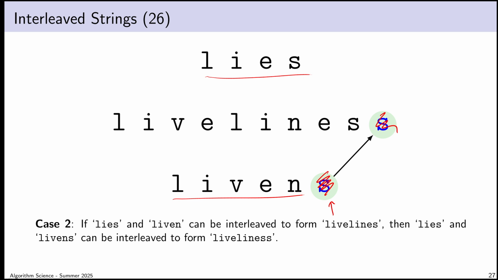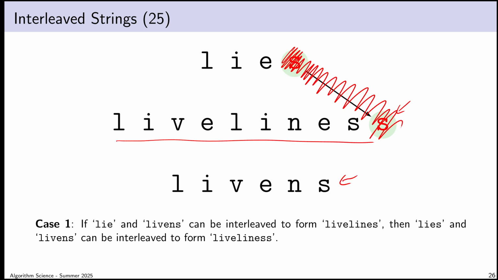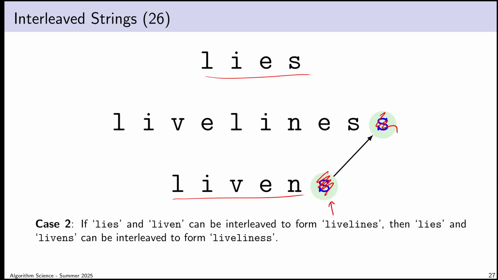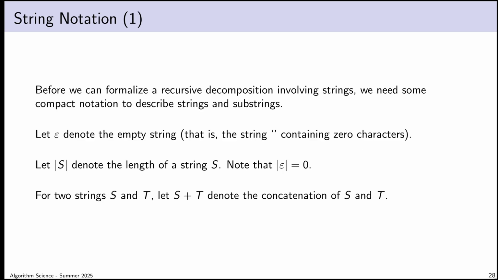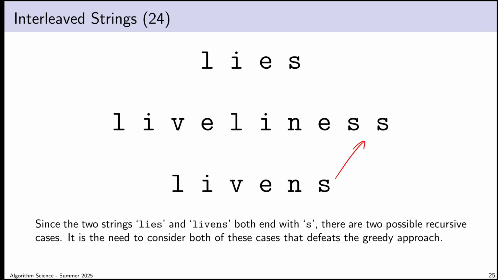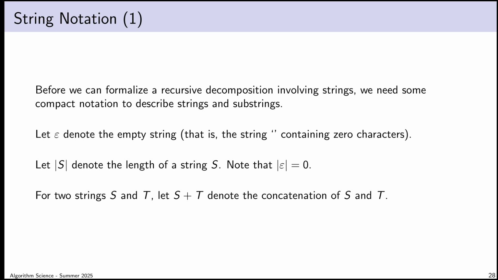If either of those subproblems comes back with a positive result, then I could take that and turn it into a solution to my general problem of interleaving "lies" and "livens" to make "liveliness".